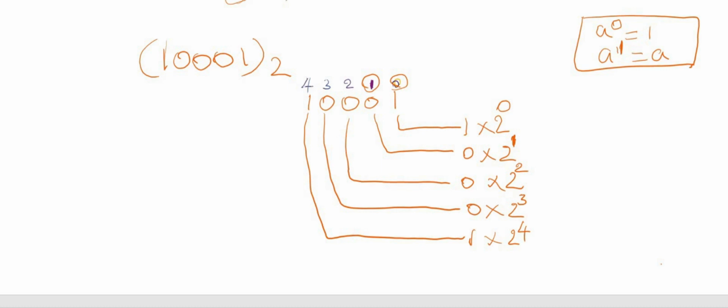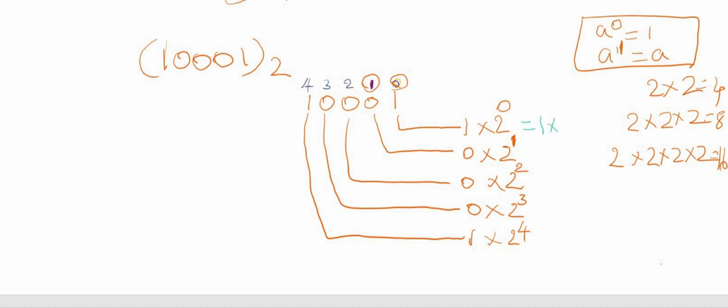2 raised to 2 means 2 into 2. 2 raised to 3 means 2 into 2 into 2. 2 raised to 4 means 2 into 2 into 2 into 2. So that is 4, 8 and 16. 1 into 2 raised to 0 is equal to 1.